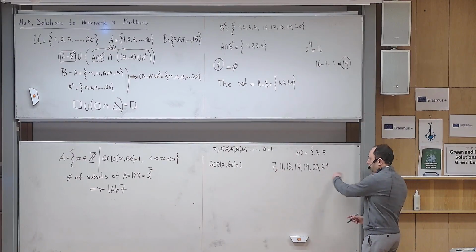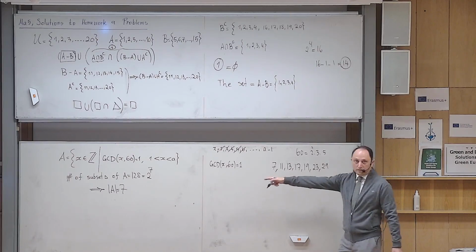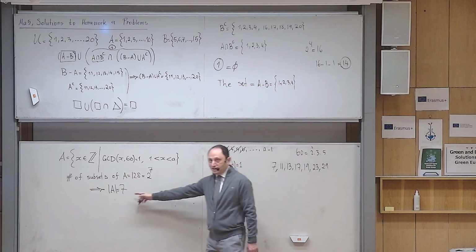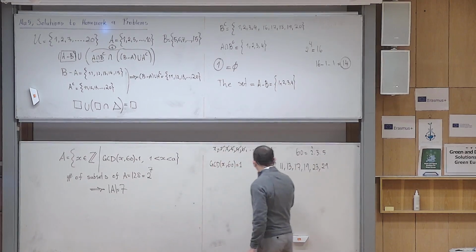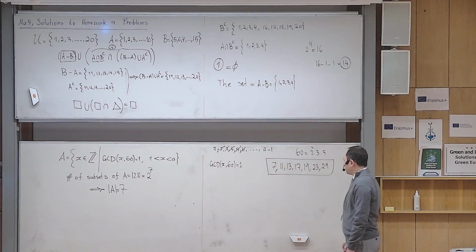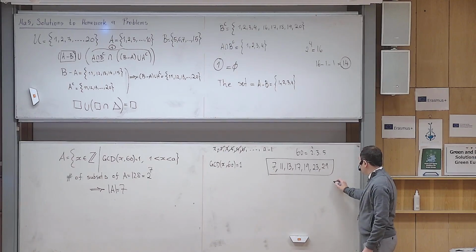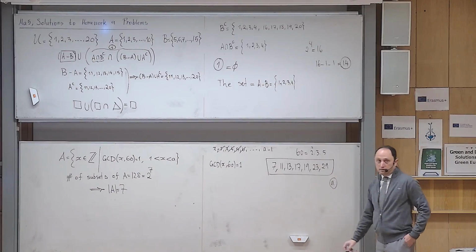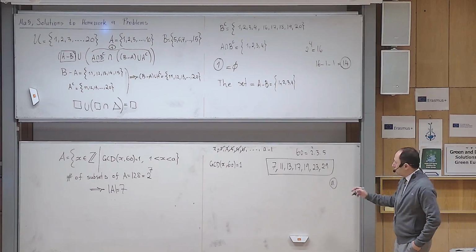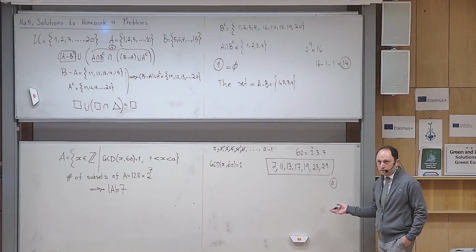I could of course continue the list, but then it will go beyond 7, because I want exactly 7 elements in my set. So these are the numbers that I have in my list. But what is the smallest choice for A? For example, can the smallest choice of A be 29 itself?